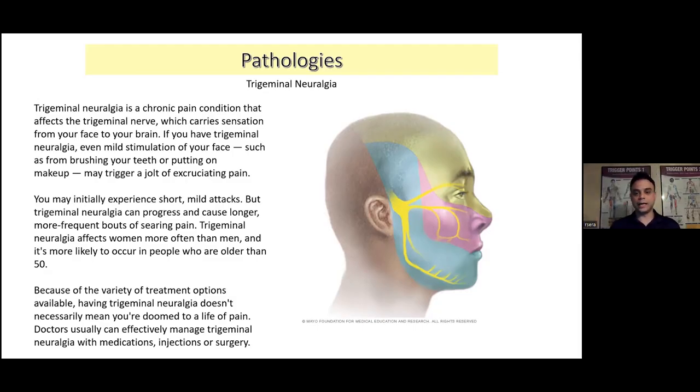So try to avoid face massage, and try to avoid having them face down with compressions of their face into the headrest. Otherwise, keeping it simple and short there: trigeminal nerve, fifth cranial nerve, pain around the face because of that.